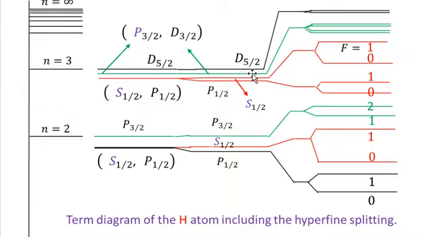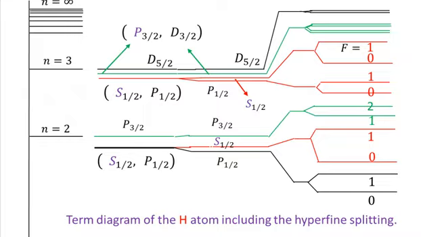Because the splitting between P3 half and D3 half is very small, unnoticeable in the Lamb shift model as it is appearing over here. But in principle, there is a very small gap between these two. And of course, above that, I have D5 half. So this is the Lamb shift model.